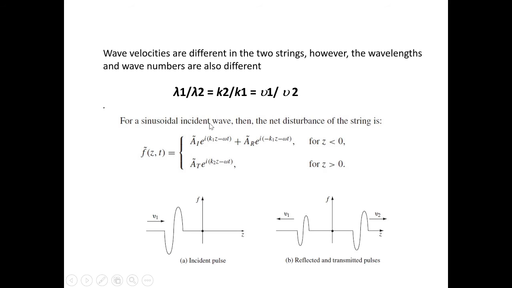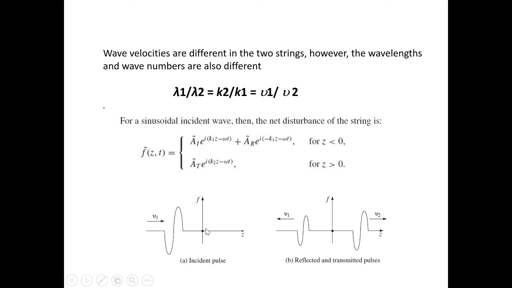For the sinusoidal incident wave, the net disturbance of the string is the complex f of z equals a_i e raised to i(k1 z minus omega t) plus a_r e raised to i(minus k1 z minus omega t).